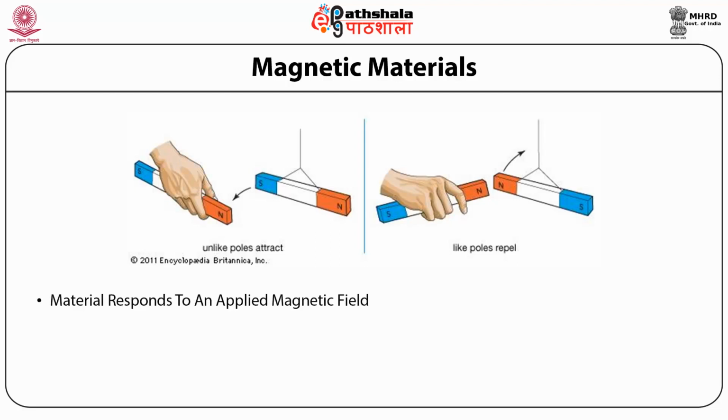Magnetic materials can respond to the applied magnetic field in two ways: either they are attracted or repelled.